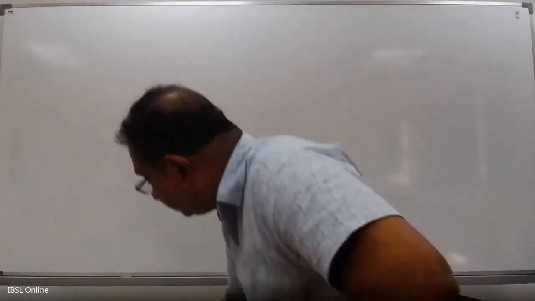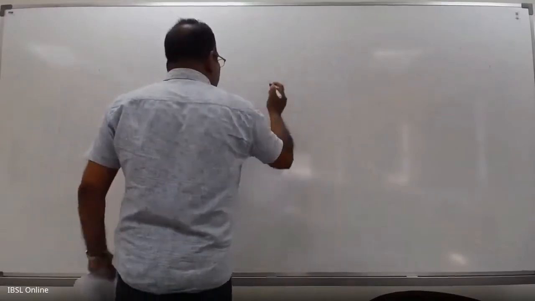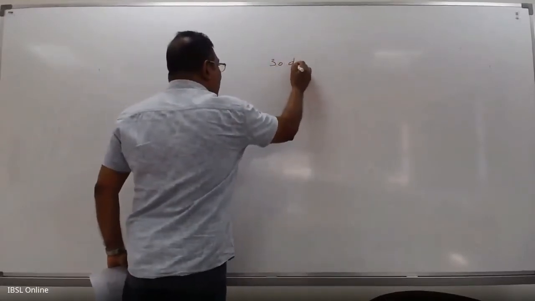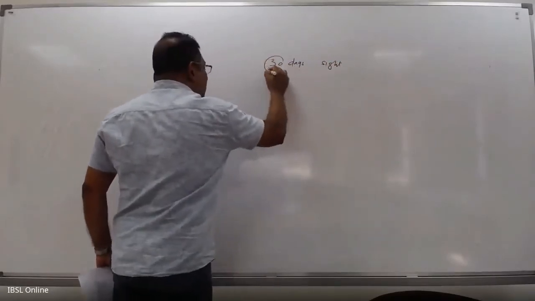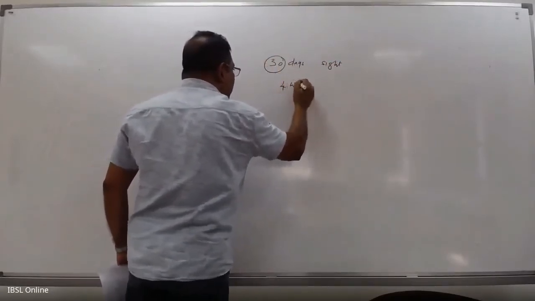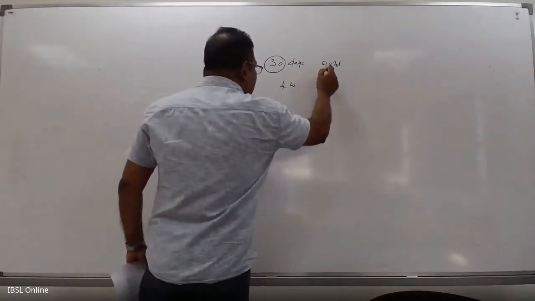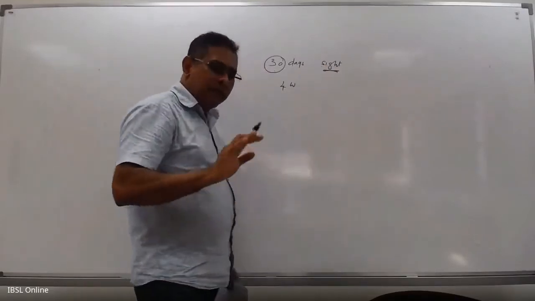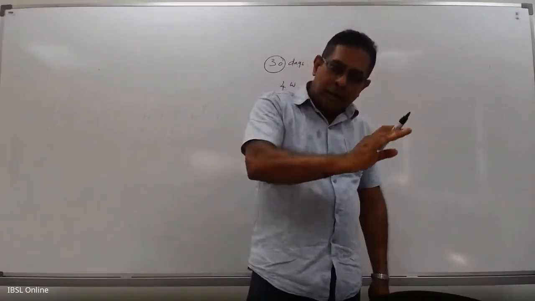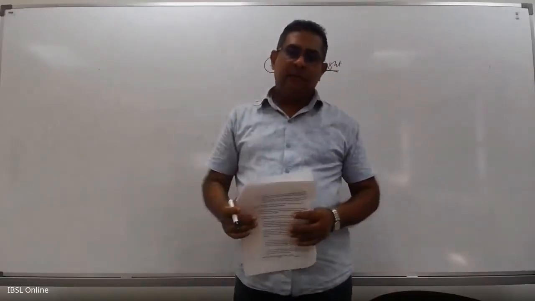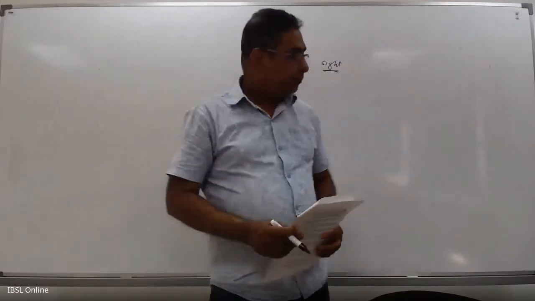Right? The tenor is 30 days sight. So that means it is 4 weeks. Since it is 30 days sight, 30 days sight means 30 days after sight.